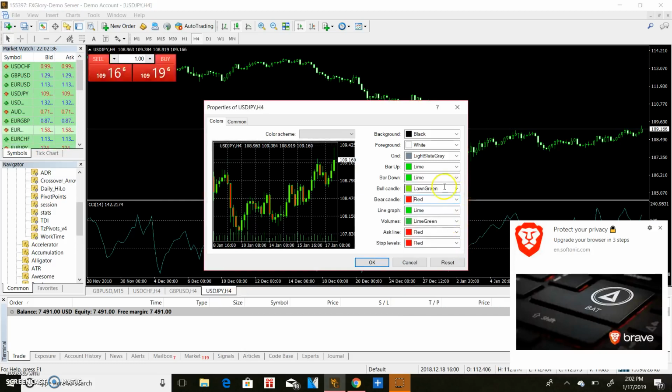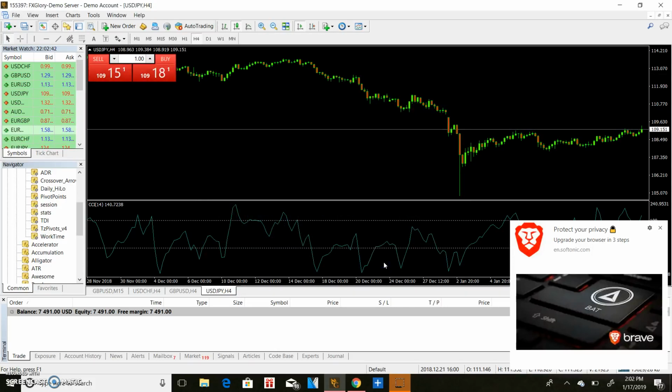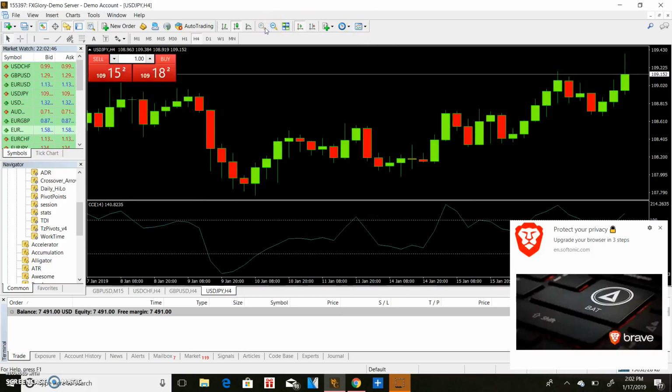That should be good. Once you zoom in, now you can see the difference. Your red candles, these are called candlesticks for those of you who don't know. A lot of you already do. Your red candles indicate a sale because it's going down, so that's what you see right here.